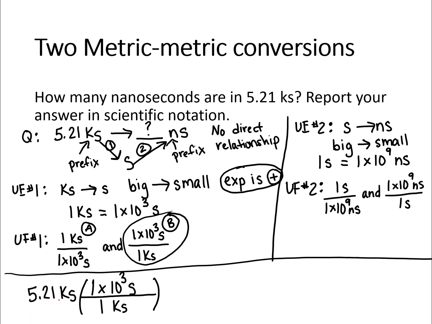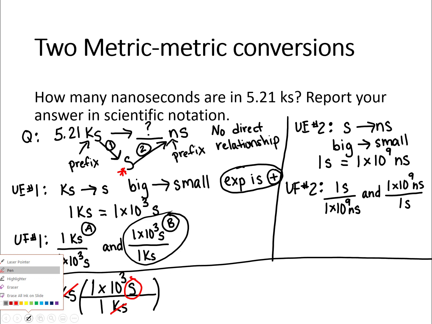Just to demonstrate that, we've got kiloseconds in the numerator and the denominator, so we can cancel that out, and we're left with seconds. So we're here. It's like at the mall with that map. You are here. That's where we are. We're at seconds. Now we need to go from seconds to nanoseconds.